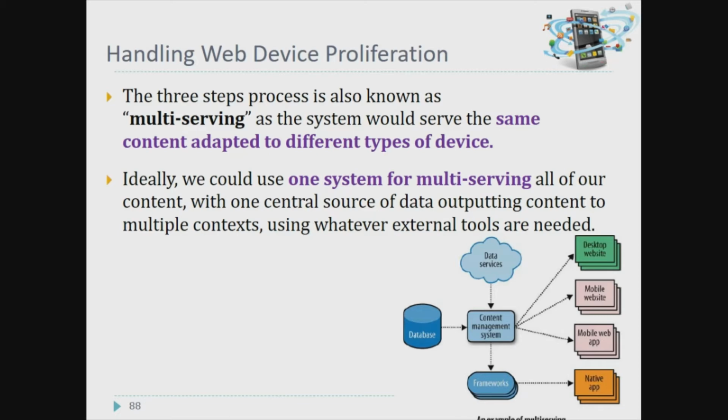The 3-step process is also known as multi-serving, as the system would serve the same content adapted to different types of devices. Ideally, we could use one system for multi-serving of our content, with one central source of data outputting content to multiple contexts using whatever external tools are needed.